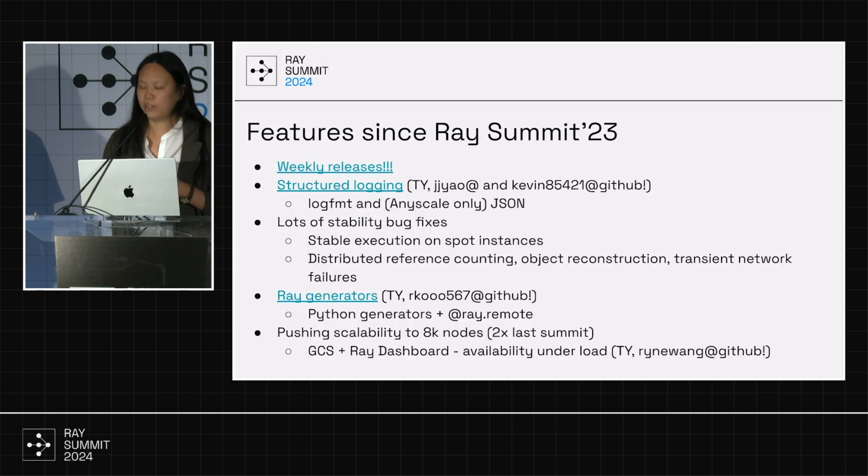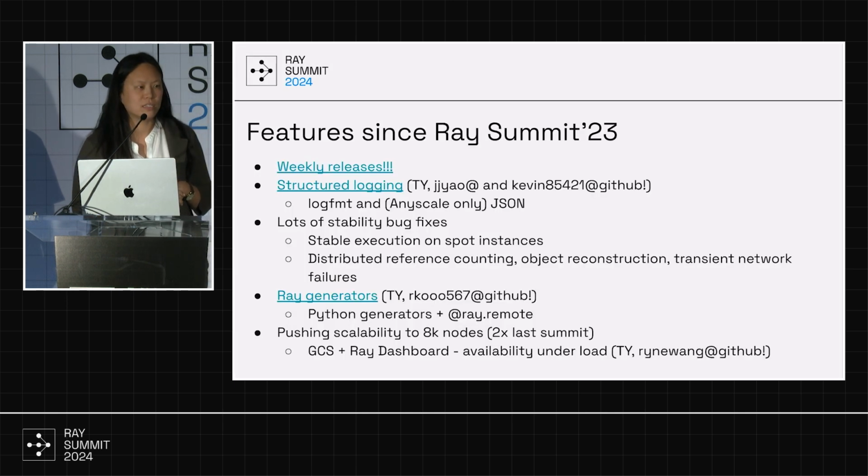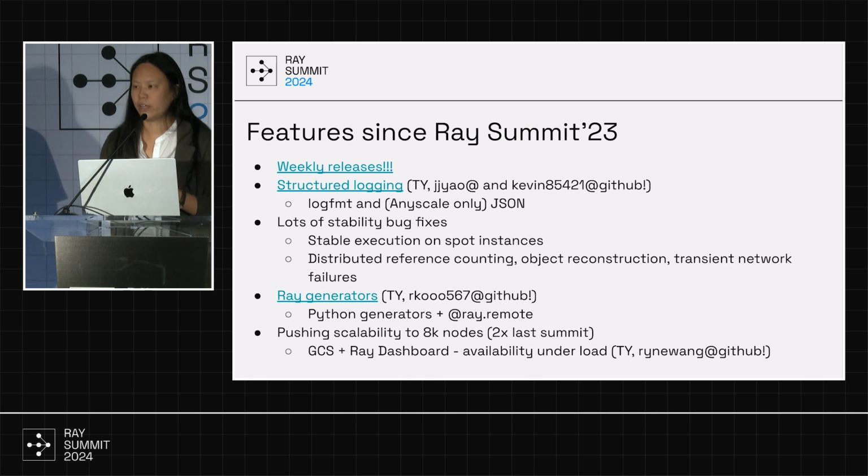So there have been a ton of different features released since the last Ray Summit. I just want to highlight a few of them here. We now have weekly releases, which is a really exciting development, going from 6 weeks, I think, on average per release before. We now also have support for structured logging. So this supports log format and also JSON logging on Anyscale.